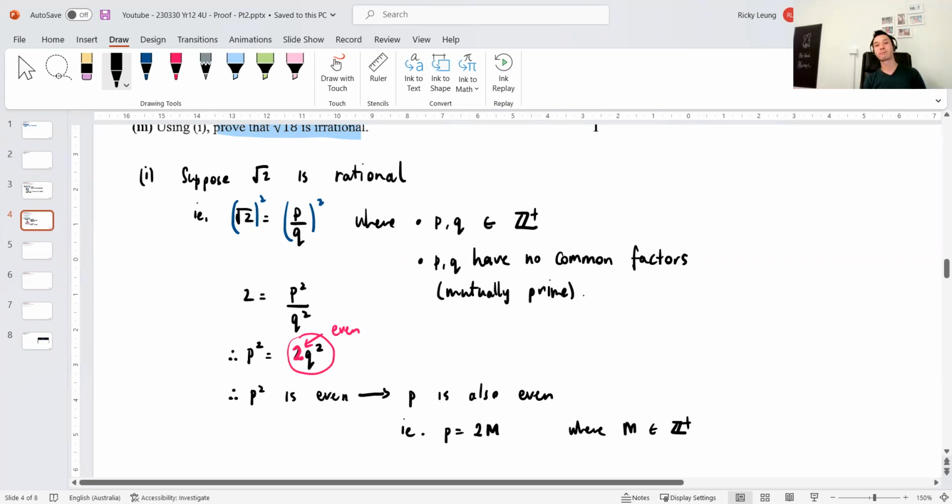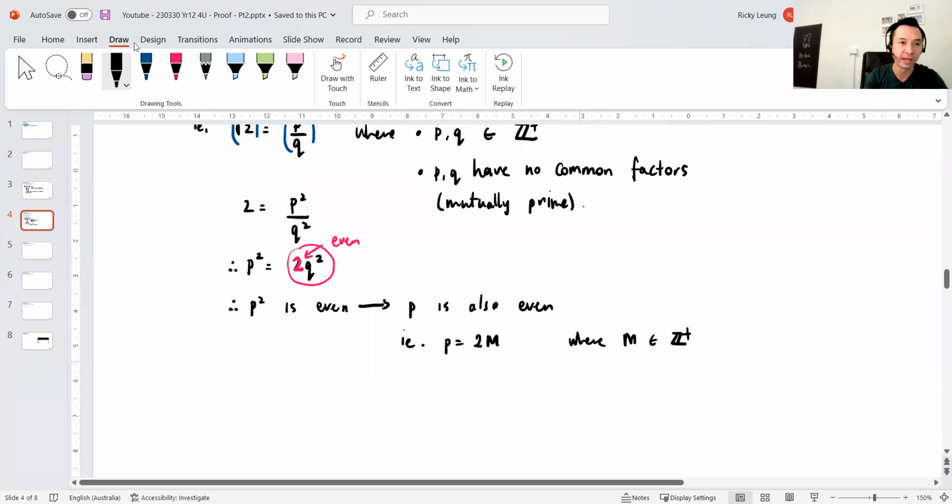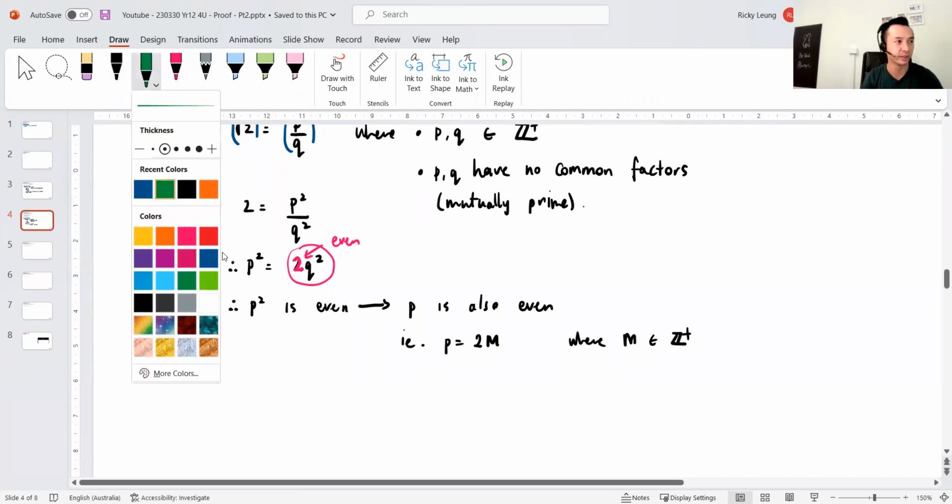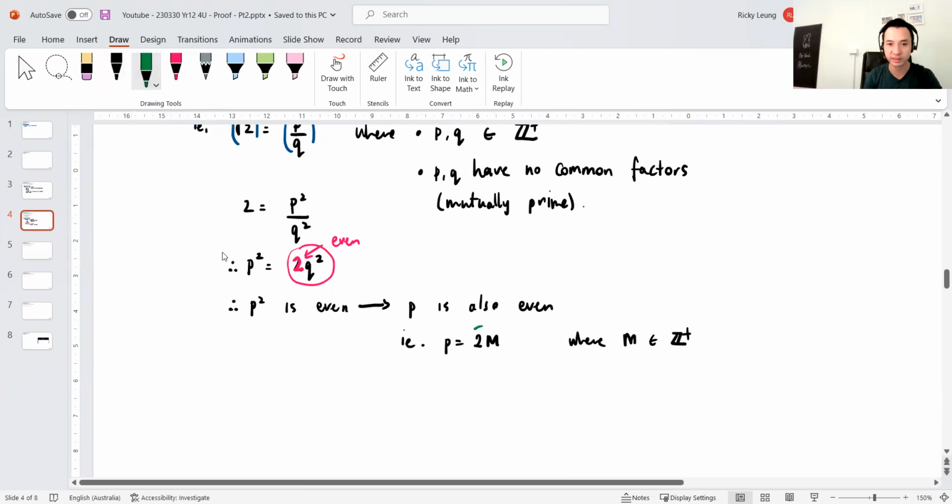So we re-express P as 2m. And then what we do, I'm going to use a green colored pen, plug this guy back into here.